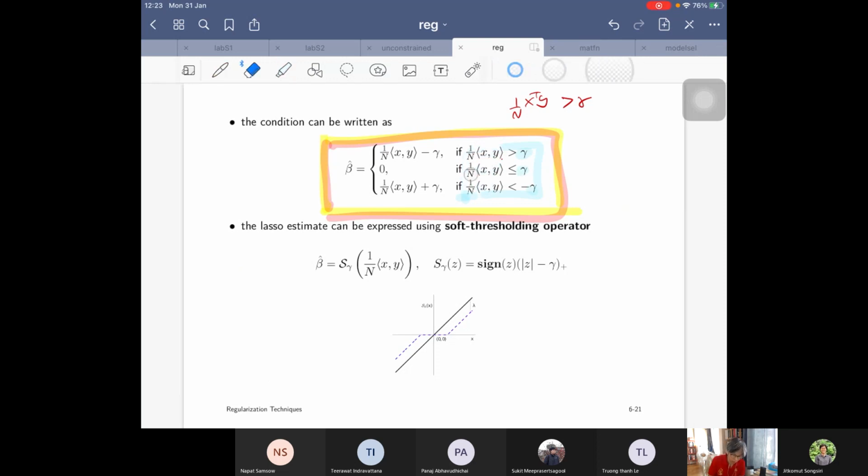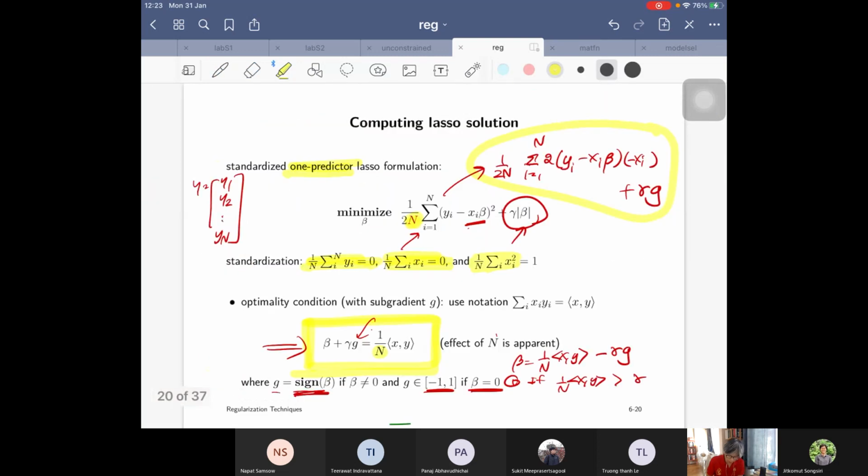When this quantity is bigger than gamma, I can set beta equal to this, and that also fulfills the yellow box, because my beta would be bigger than 0, non-zero.